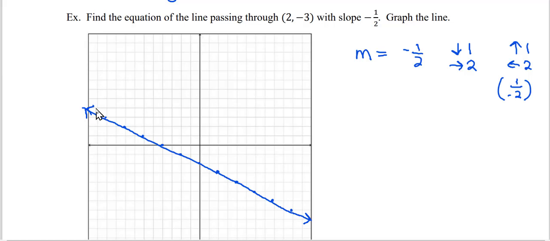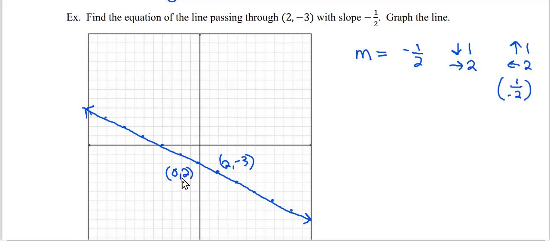Now, one thing I noticed here, I started at this point (2, -3). When I went up 1 and to the left 2, it took me to this point (0, -2). That's my y-intercept.